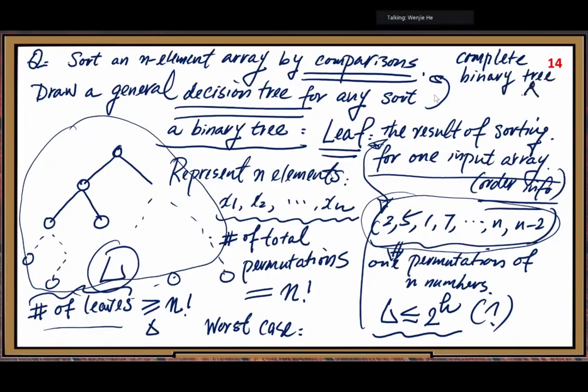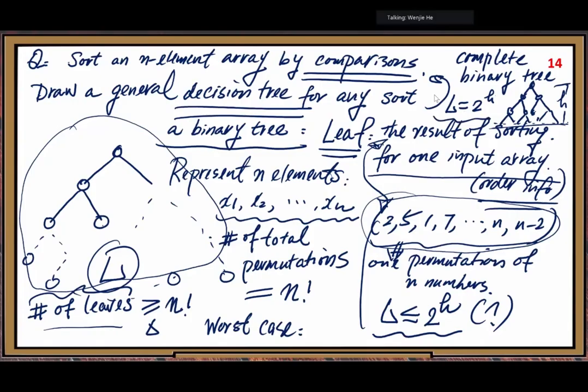All levels are full, right? For a complete binary tree, capital L equals 2 to the h, the number of nodes at the bottom level, because the height is h. When the bottom is full, you have capital L equals 2 to the h.